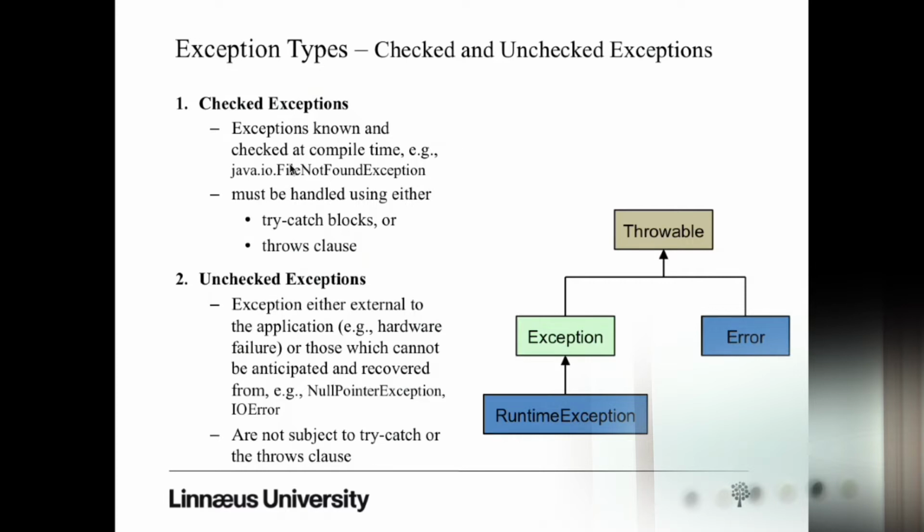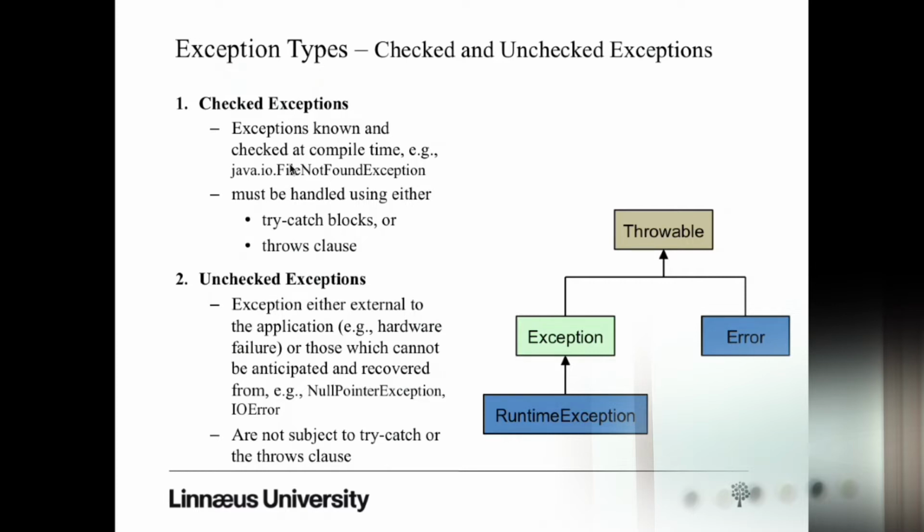If a class belongs to the Error class or the RuntimeException class, then the Java compiler will not ask you to explicitly provide the exception handler for that. You can write code that involves errors or runtime exception classes without providing an exception handler.